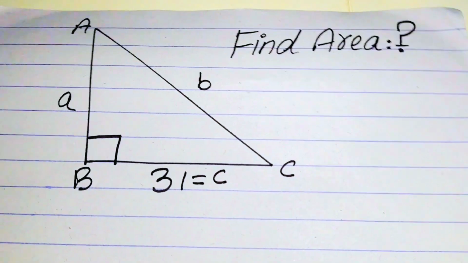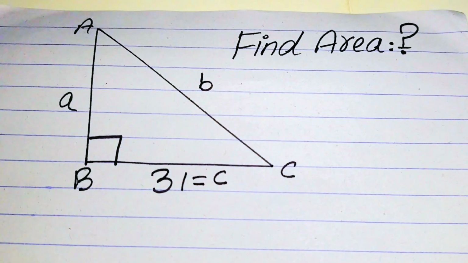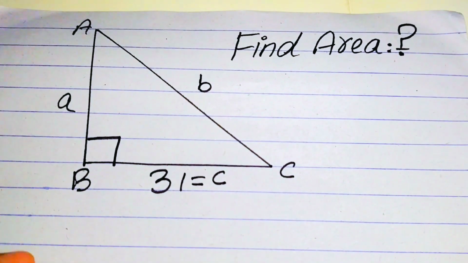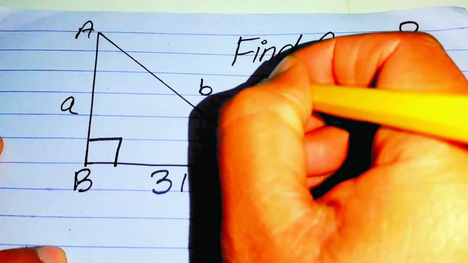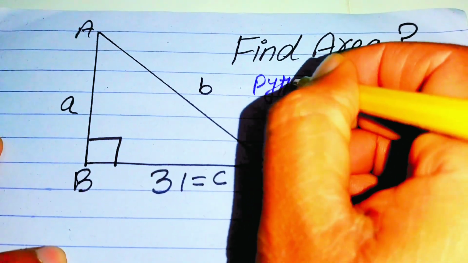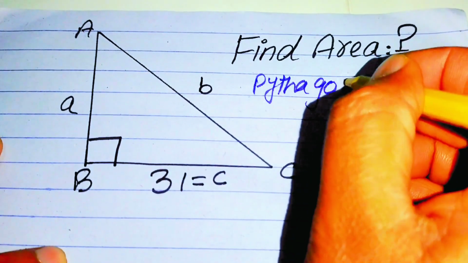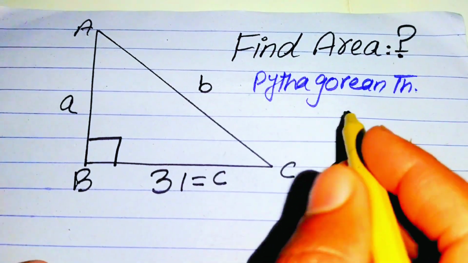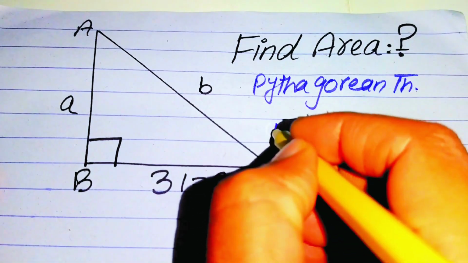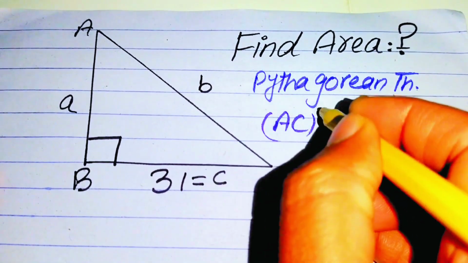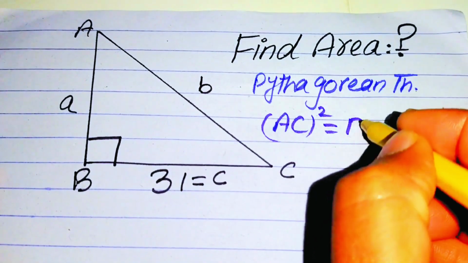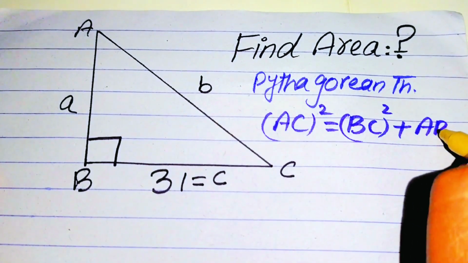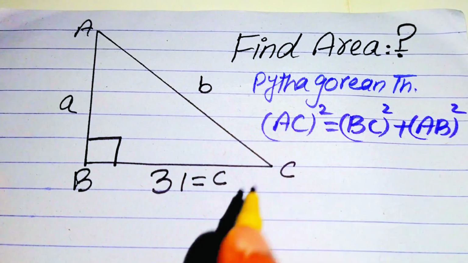Now the first thing we are going to do is use the Pythagorean theorem. According to this theorem, we write AC square equals BC square plus AB square.